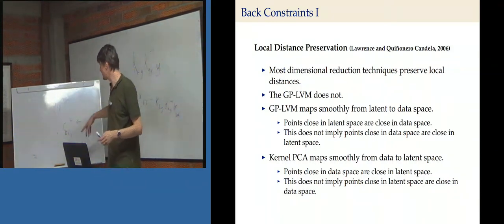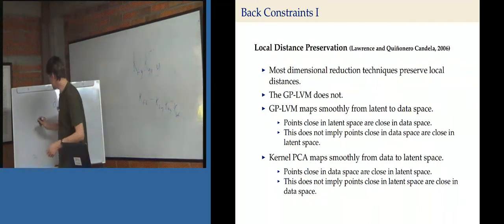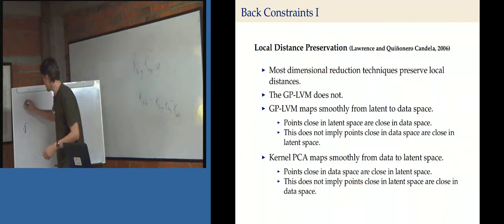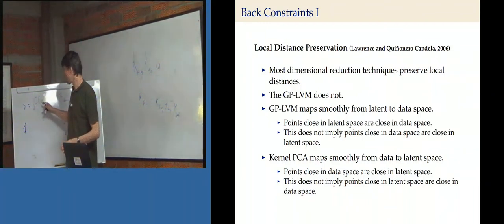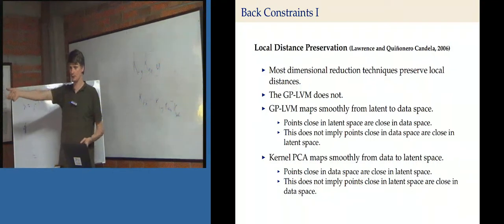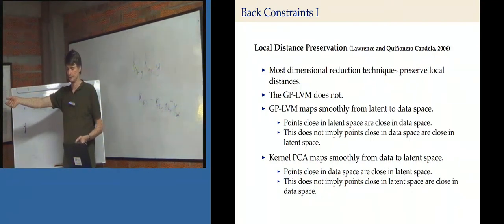This happens if you say X is a smooth mapping from Y. By smooth, I mean if things are close in data, they'll be close in latent. Does that make sense? This mapping from Y to X underpins this assumption. Two things are close here, they'll be close in the latent space.